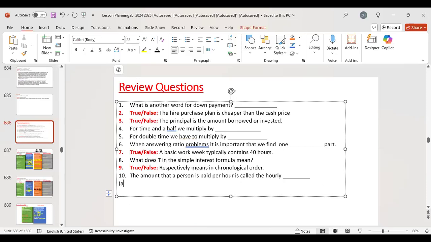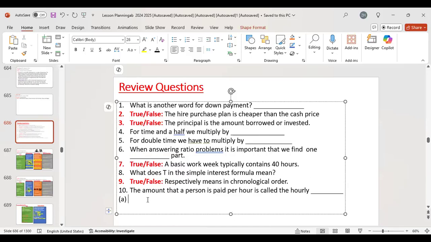Is it A, dollar, B, custom, C, tax, D, wage or rate?